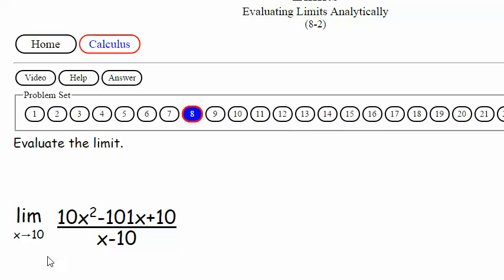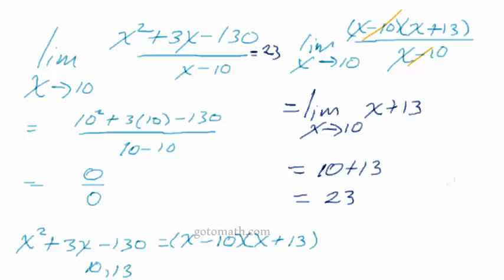So let's move over to the whiteboard, and let's clear that. Alright, we've got the limit as x approaches 10, and up here in the numerator we have 10x squared minus 101x plus 10.